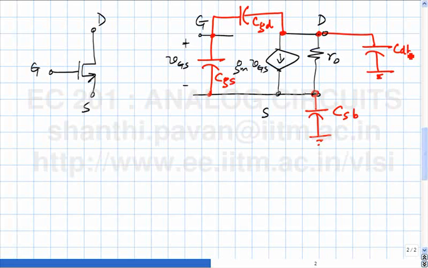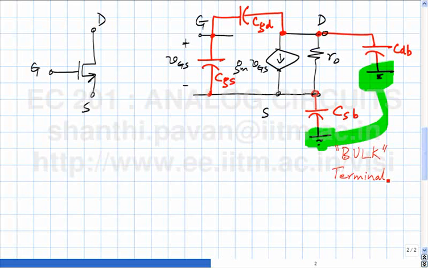The bulk of the transistor is always connected to a DC potential, the lowest potential on the chip. And we know that for incremental signals, any DC potential becomes ground. These two represent the so-called bulk terminal of the MOSFET.